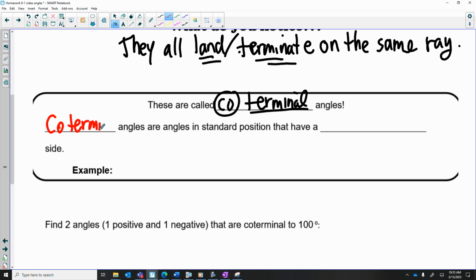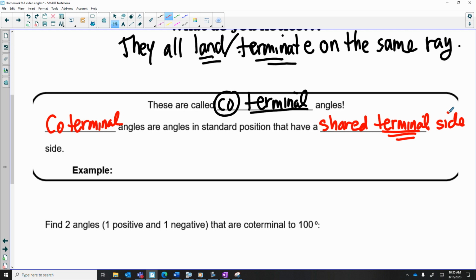Coterminal angles are angles in standard position that have a shared terminal side. So think about if I'm a co-president, sharing the presidency. Coterminal, we're sharing our ending side, okay?